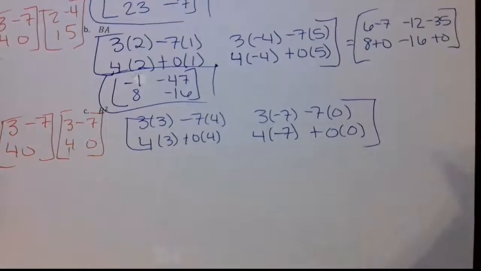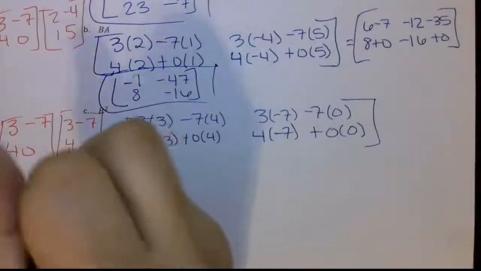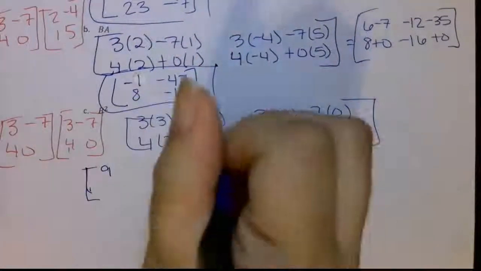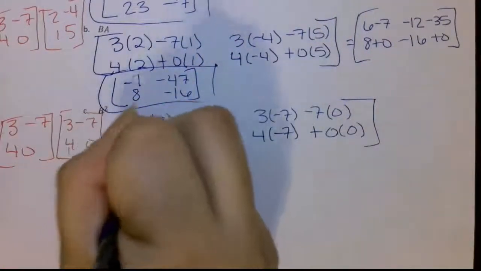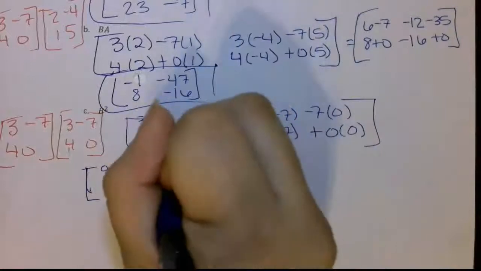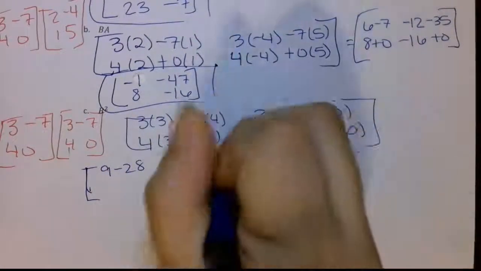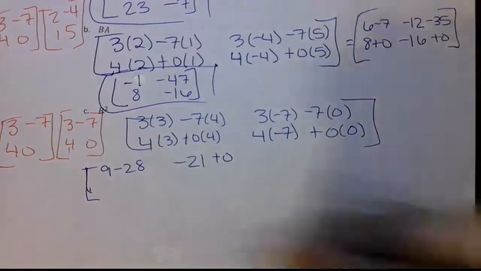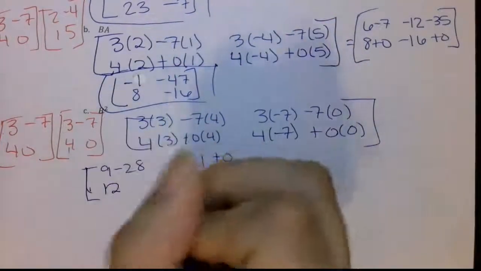Okay. Then I am going to do the multiplication. 3 times 3 is 9. Negative 7 times 4 is negative 28. 3 times negative 7 is negative 21. Negative 7 times 0 is 0. 4 times 3 is 12.